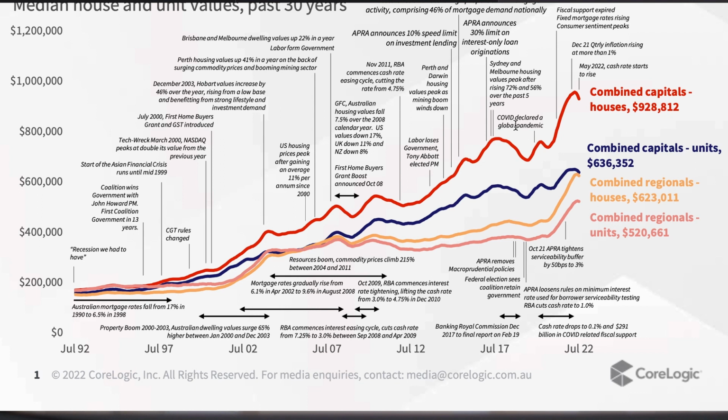And then we had the COVID pandemic declared, and it says Sydney and Melbourne housing values peak after rising 72% and 56% over the past 5 years. So that shows that Sydney and Melbourne houses increased in value.